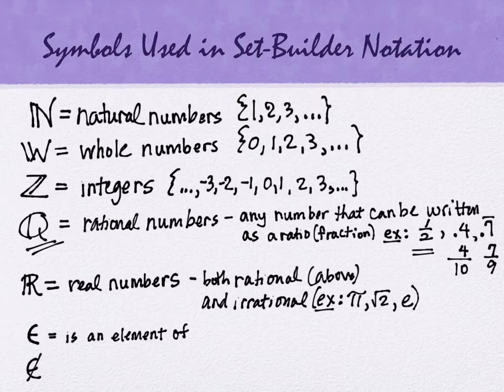So I mentioned on our very first slide the word element. Element just means the individual items in a set. So, right, each of you are elements of this set, Math 1203A. So if I were to put your name and I were to put that E symbol that I just wrote down, and I wrote Math 1203A, that would be a true statement. So Caleb is an element of Math 1203A. What do you think it means when you put a slash through it? It is not an element of, just like with a not equal sign.